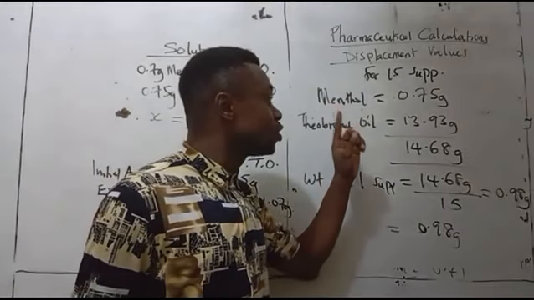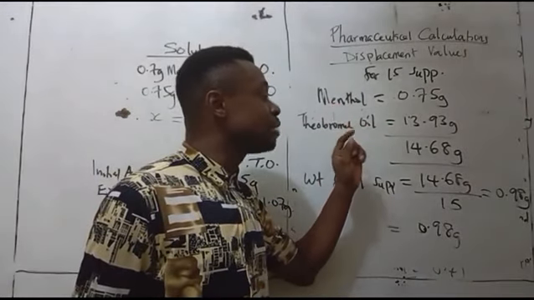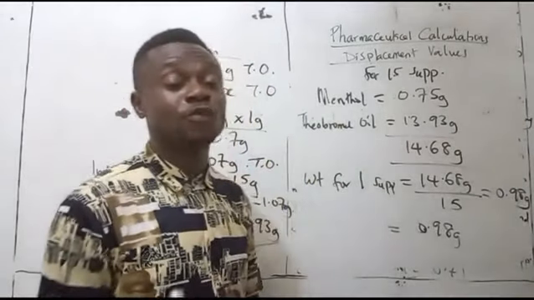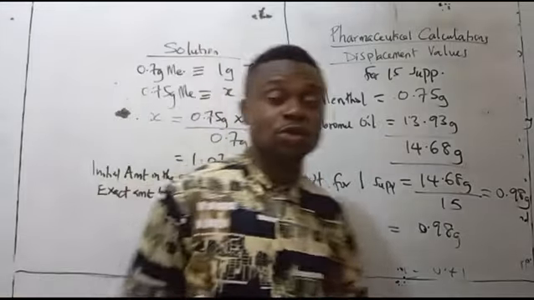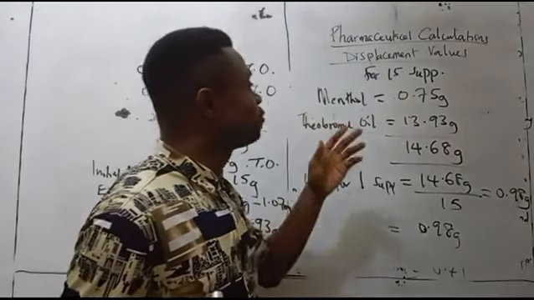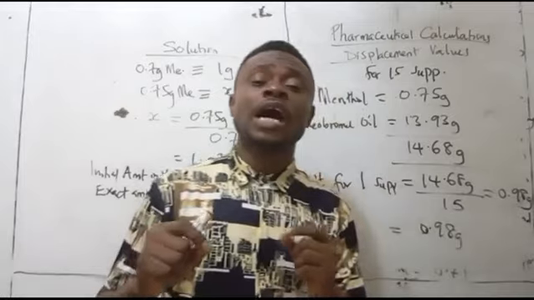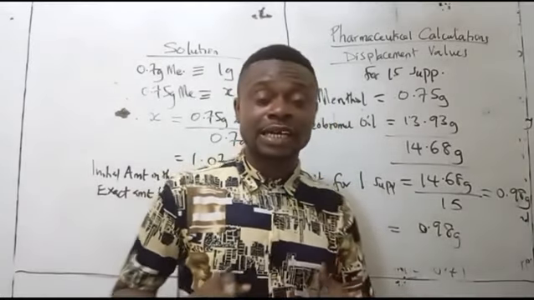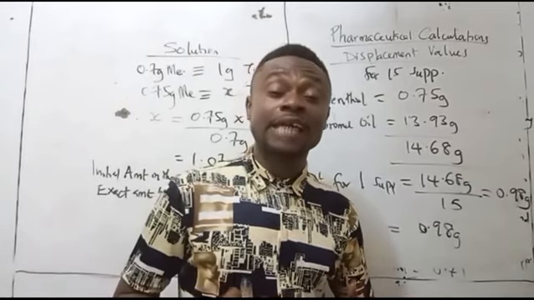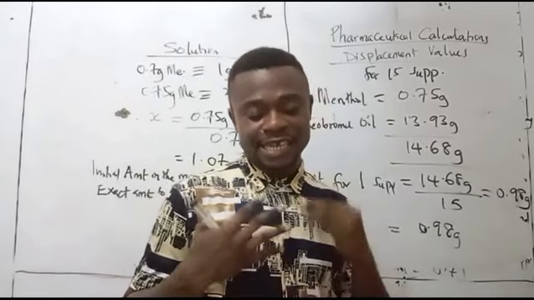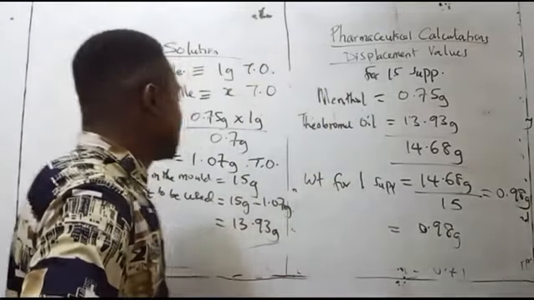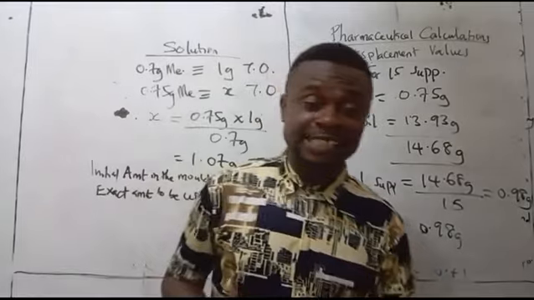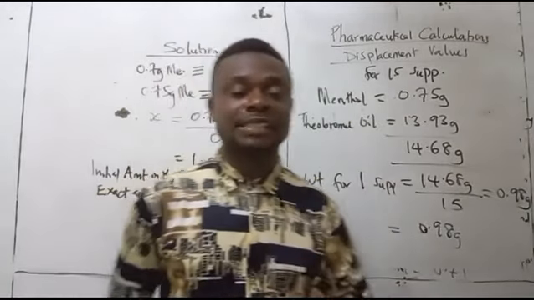We also talked about when you are incorporating only one active ingredient. So in our next class, in displacement value part 2, we move into how to calculate the weight or whatever you want to calculate when we have more than one active ingredient in the suppository. So at this junction we stop here for now until we meet in our next pharmaceutical calculation class.